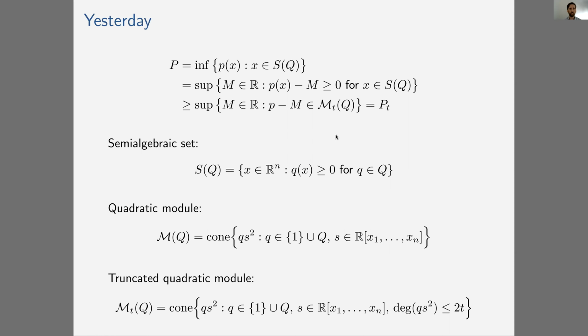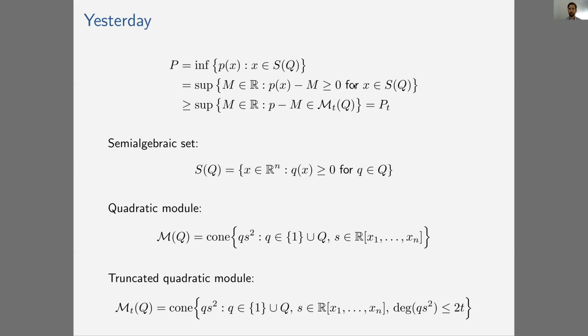Okay, so just a quick recap of what we did yesterday. We looked at this polynomial optimization problem. We minimize P of x where x lies in a semi-algebraic set, which is defined here. Then we said that's exactly the same as maximizing some constant M where the polynomial minus the constant is non-negative on the set.